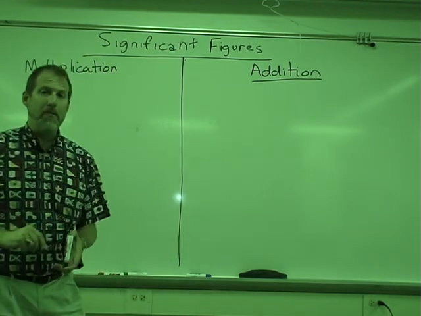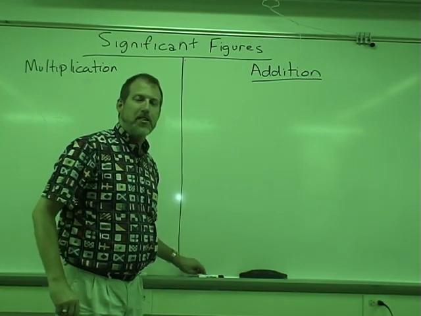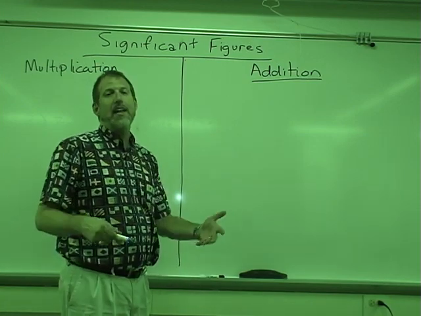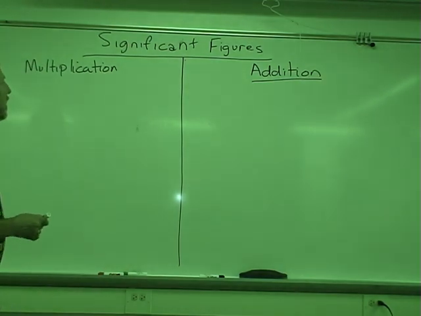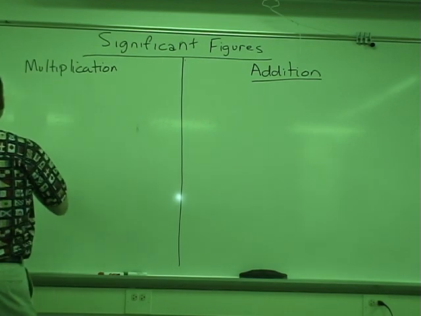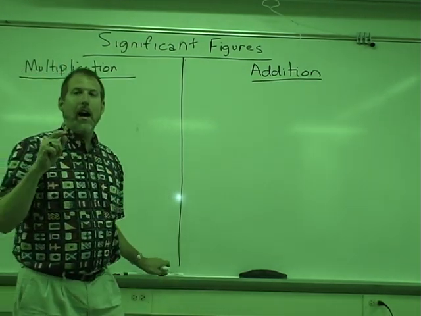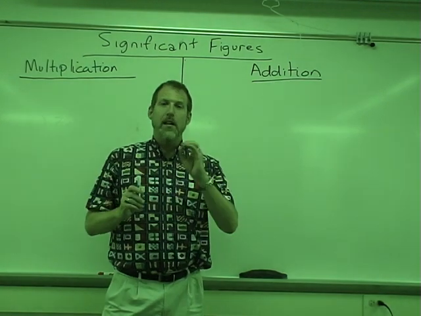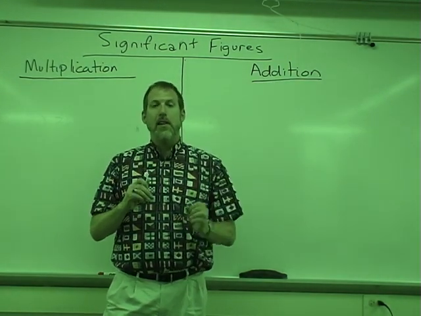You're multiplying by the inverse. And subtraction as just a special case of addition. You're adding the opposite of whatever it is we're dealing with. I'll go through and define how you track sig figs in each step, and then I'll give an example.